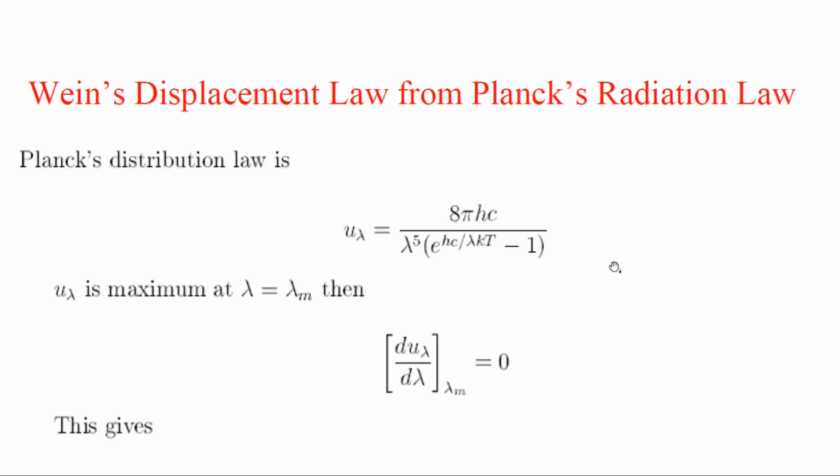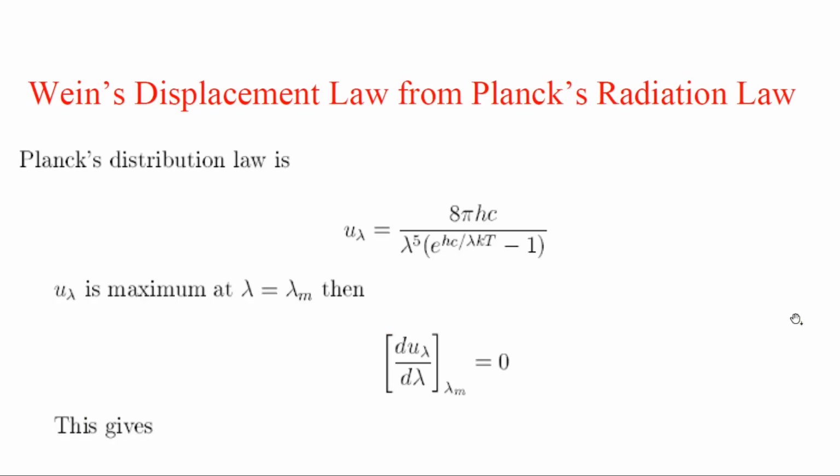As in the previous case, I have taken Planck's distribution law in terms of wavelength, which is given by u_lambda equal to 8 pi hc divided by lambda to the power of 5 into 1 over e^(hc/lambda kT) minus 1. Energy density is maximum at lambda equal to lambda_m.